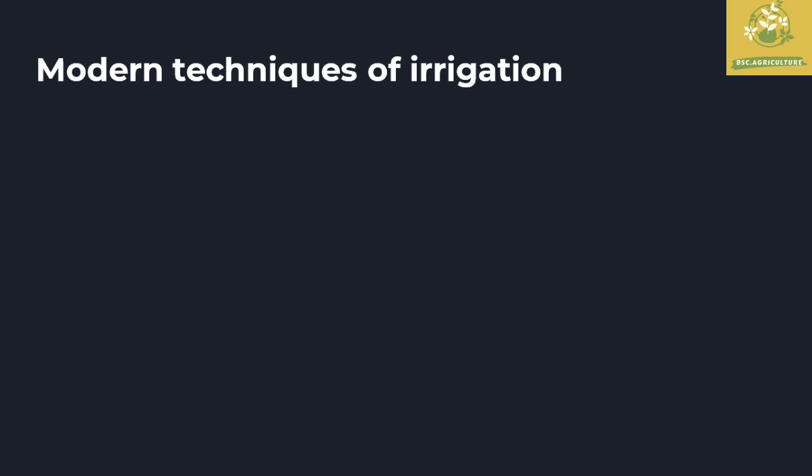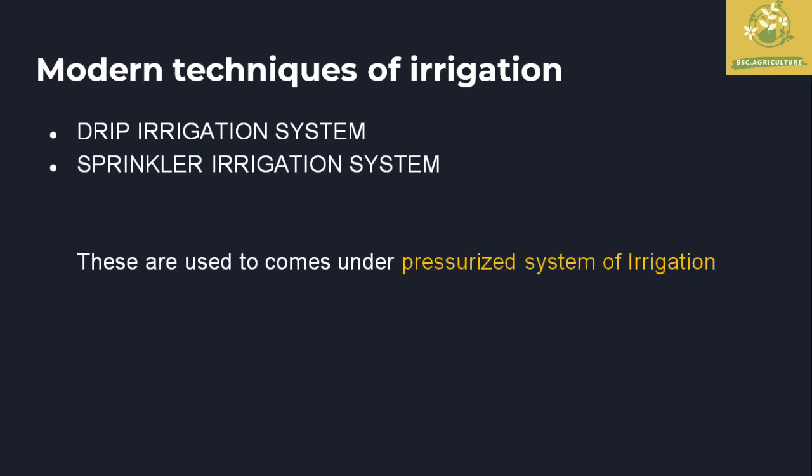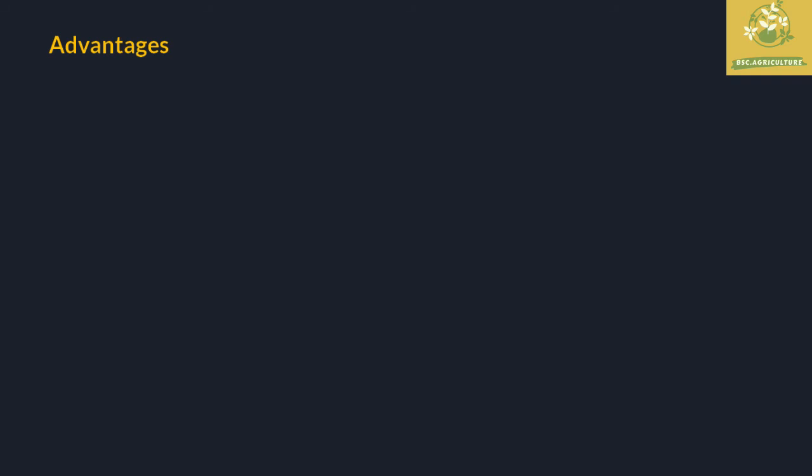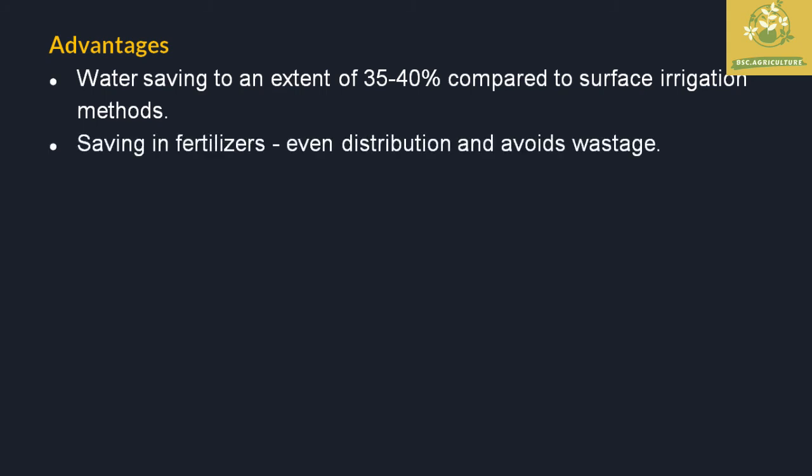And the modern techniques of irrigation, which is pressurized irrigation. There are two techniques: one is the drip irrigation system and the other is the sprinkler irrigation system. As I have already told you, it can also be termed the pressurized system of irrigation. The advantages of this system: it can save water up to 30 to 35 or 40 percent compared to surface irrigation methods.